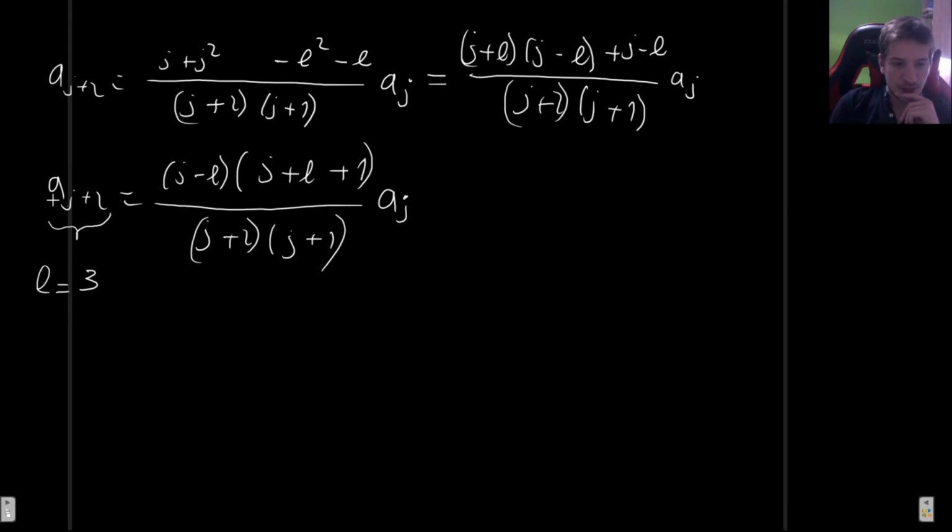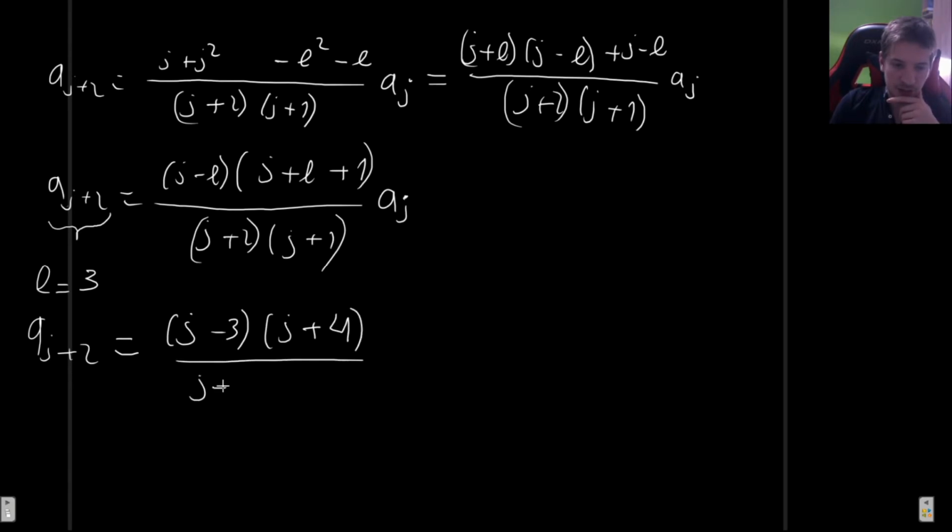So let's see what happens in this. We will have that a_{j+2} will be (j minus 3)(j plus 3 plus 1), so basically (j plus 4), divided by (j plus 2)(j plus 1). Okay, so what values of j can our solution have?